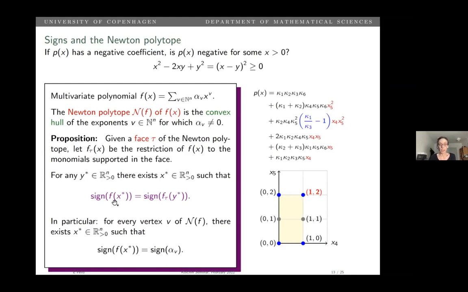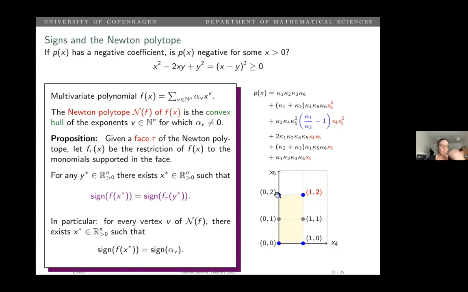So when I construct the Newton polytope, like here, this is the Newton polytope of my example. The coefficient that could be negative was corresponding to this point because its exponent is 1, 2. This is a vertex. So all the signs that this coefficient can attain are attained by the polynomial. And that's essentially the trick I used before.